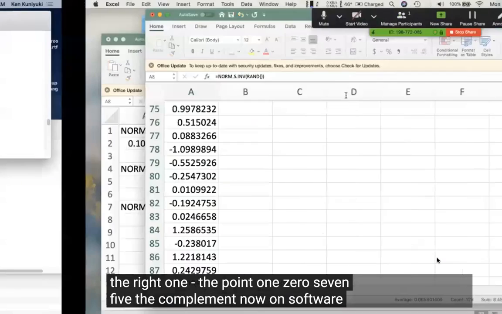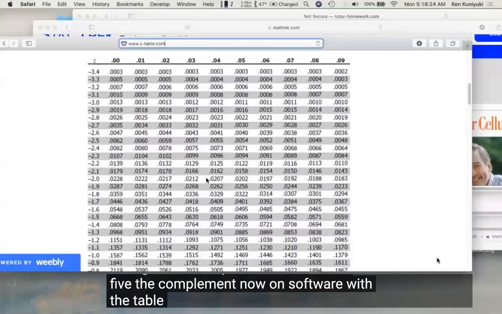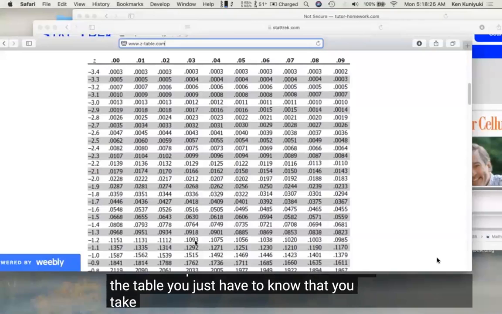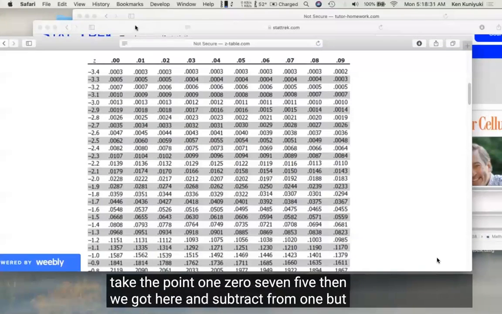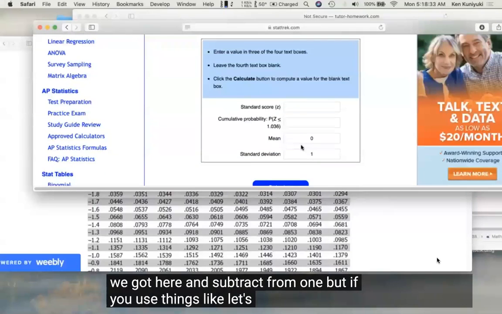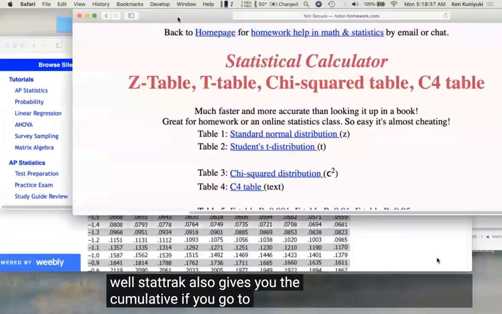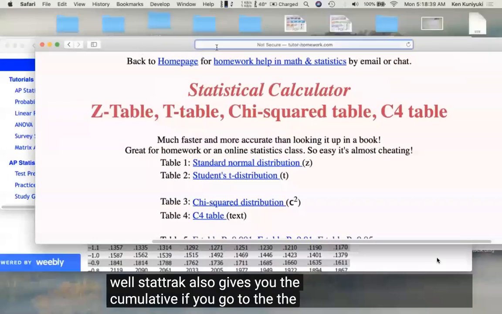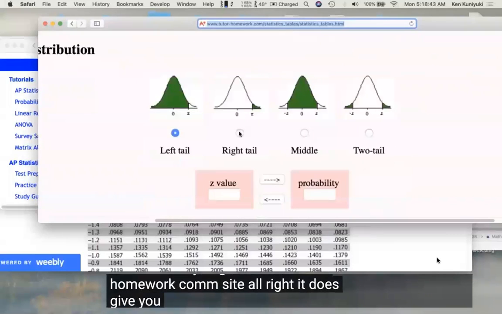Now with the table, you just have to know that you take the 0.1075 that we got here and subtract from 1. StatTrack also gives you the cumulative. On the tutorhomework.com site, it does give you a right tail option.